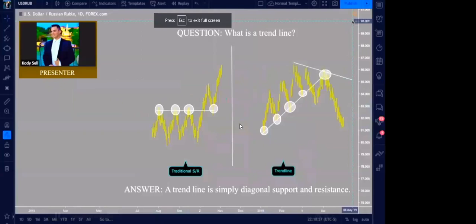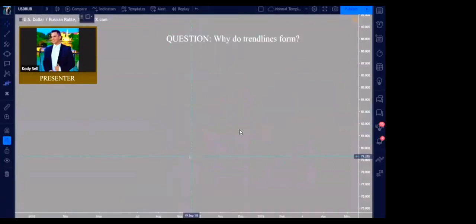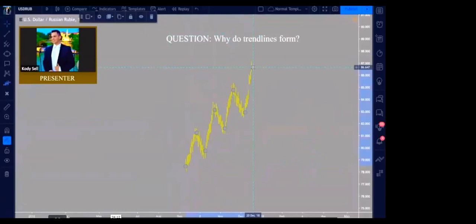All right, and then we're going to draw our trend line for this uptrend. Good. All right, so let's connect these here.